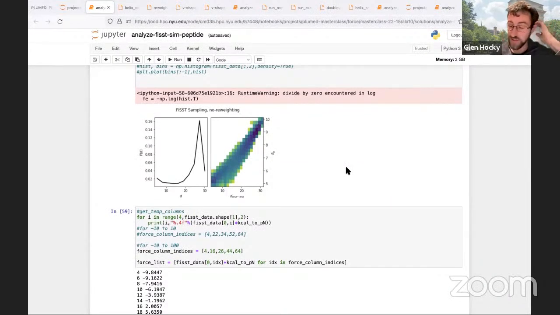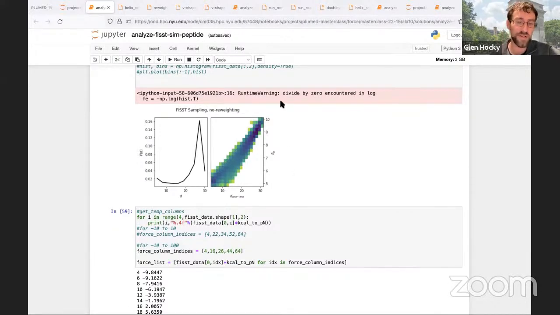I show this in some of the earlier examples, but it's good to plot the histogram that you sampled without doing any reweighting to make sure that you're covering more space than you would have without doing any enhanced sampling. And so here we see for alanine 10 that there's basically a compressed state and an extended state that's sampled when you apply forces from -10 to 100 piconewtons.